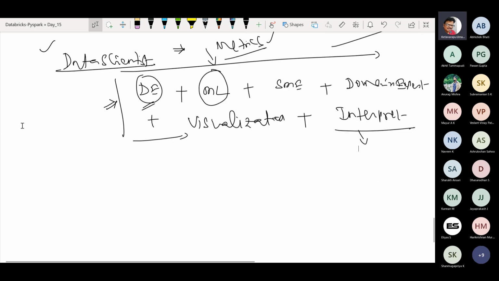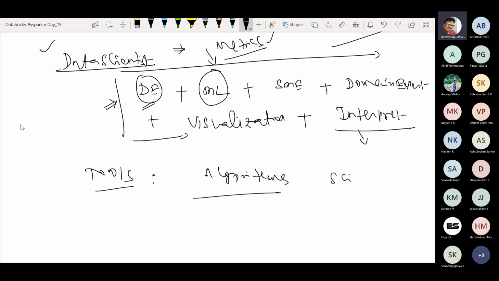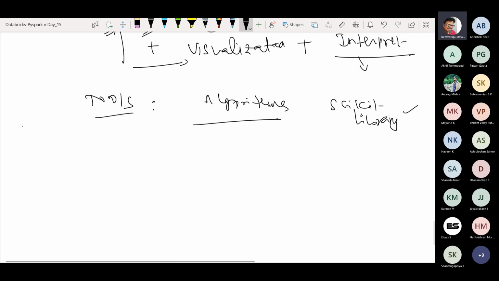In this case, guys, what exactly are we using? The tool set, or the functionalities. Mainly the algorithms we have to use, and as of now we are using the scikit-learn library only. But there is a separate thing, guys.